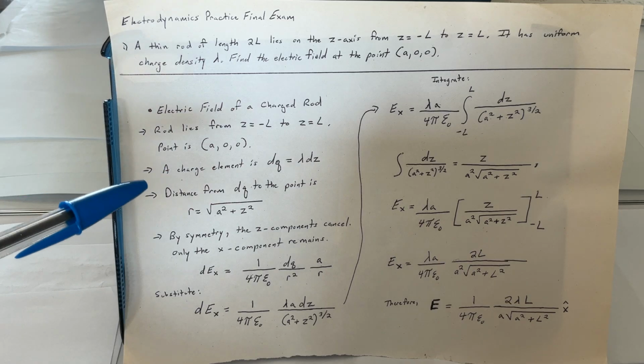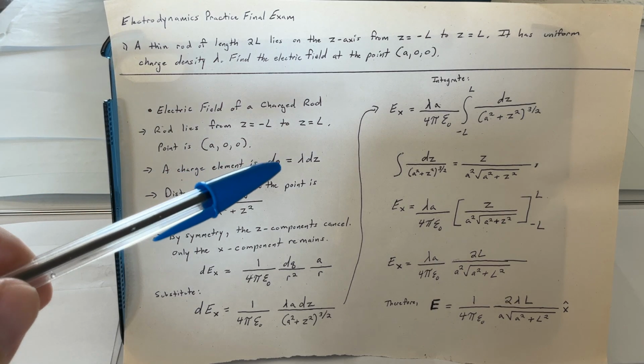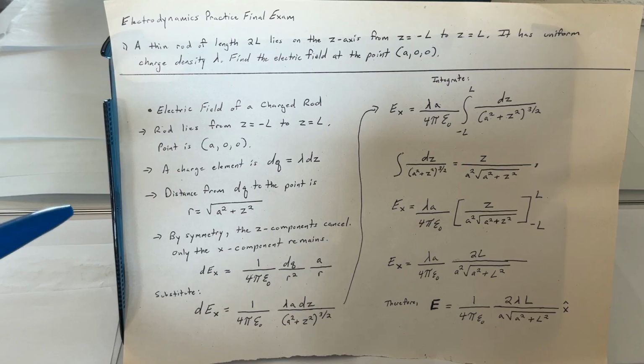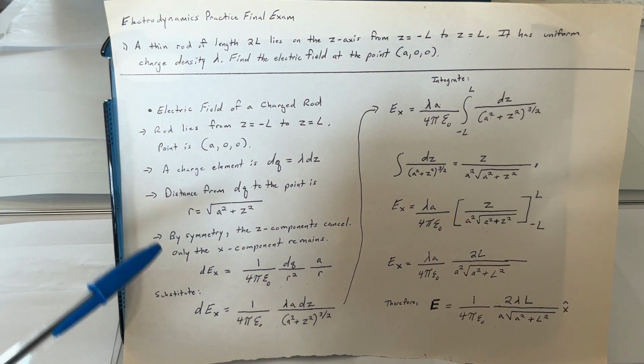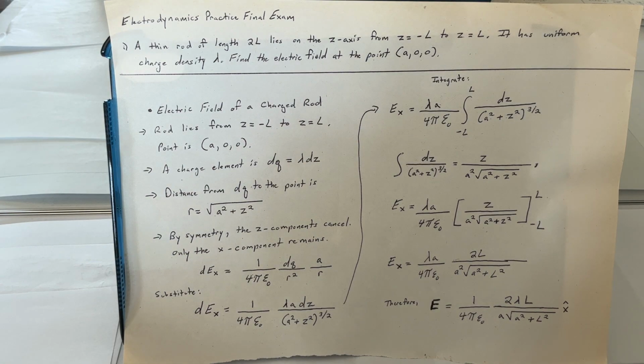So a charge element is dq equals lambda dz. We say the distance from dq to the point is r equals the square root of a squared plus z squared. And by symmetry, the z components cancel, so only the x component remains, okay?